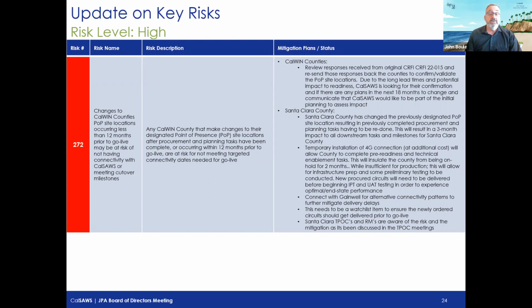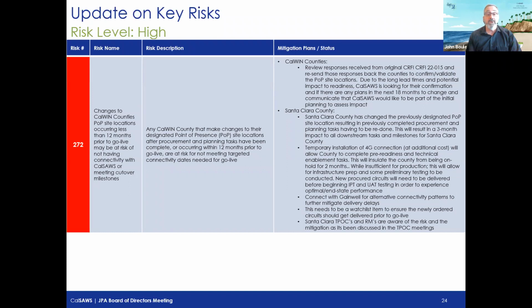So the call to action is if there is anything going on with county IT, like moving locations, that has the potential of impacting your go live dates, please let us know as soon as possible so we can continue to work with your county IT or your Health and Human Services IT shop to mitigate the impact on your go live date.